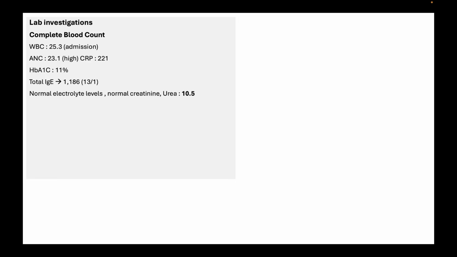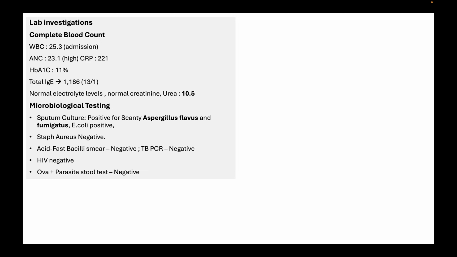In pneumonia, for example, they always do CURB 65 or other newer ones. Just choose one and at least show that you calculated it in your presentation. I didn't do that and I should have. Okay.